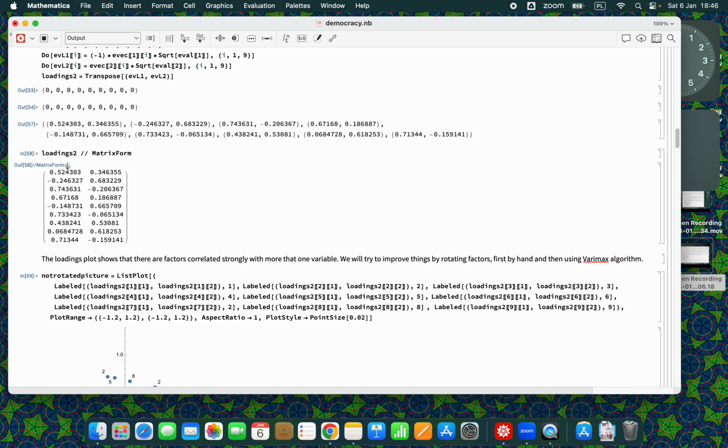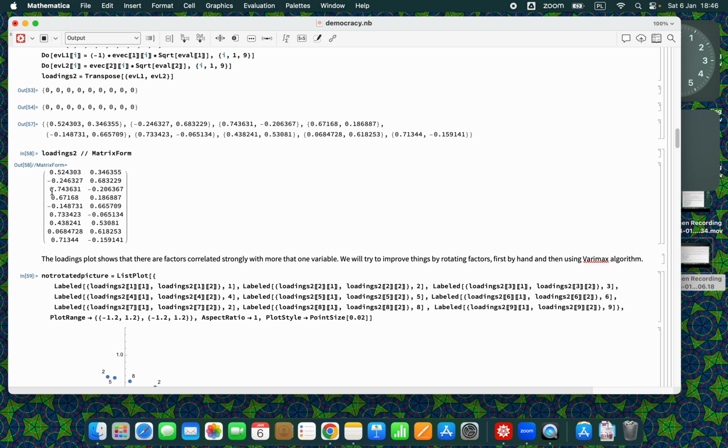The numbers that are in this matrix have the meaning of correlations of factors with our variables. This is about the first factor, this is about the second factor.